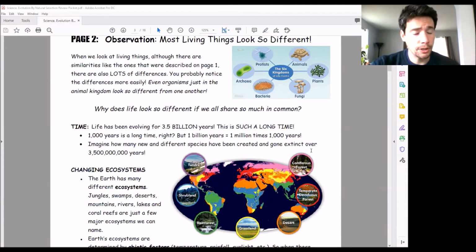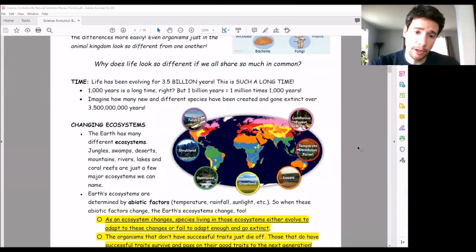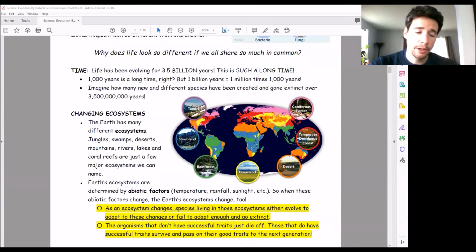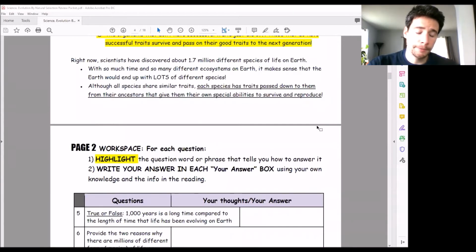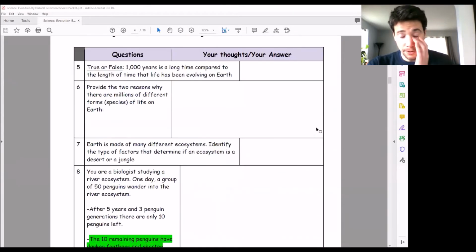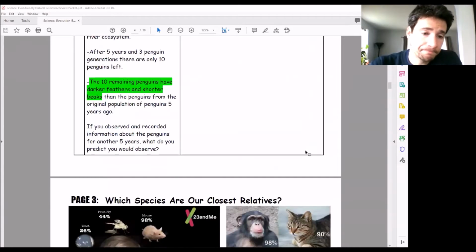And we know this because we see so many different things in these different environments, these different biomes, tundra and taiga and rainforest and grassland. These have pushed species to evolve to best fit their environments. So that's page 2. Things are very different, even though they share a lot of commonalities.